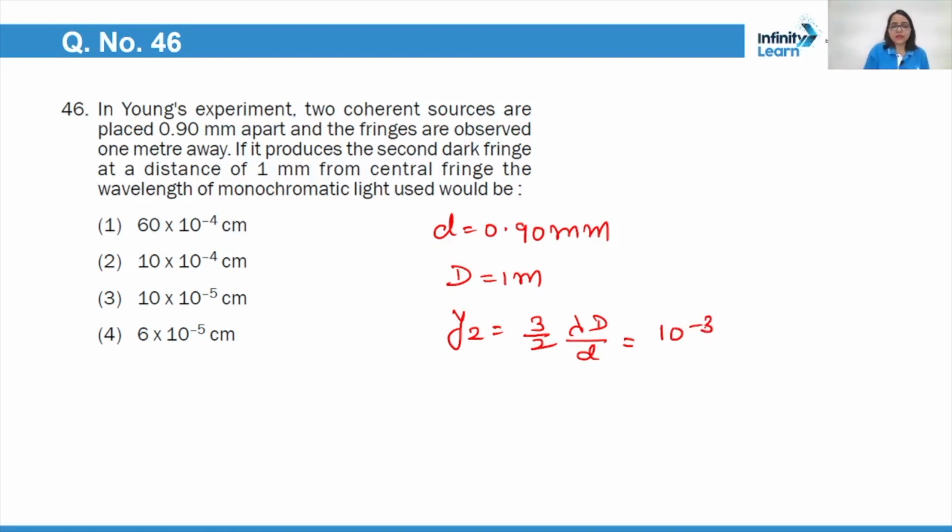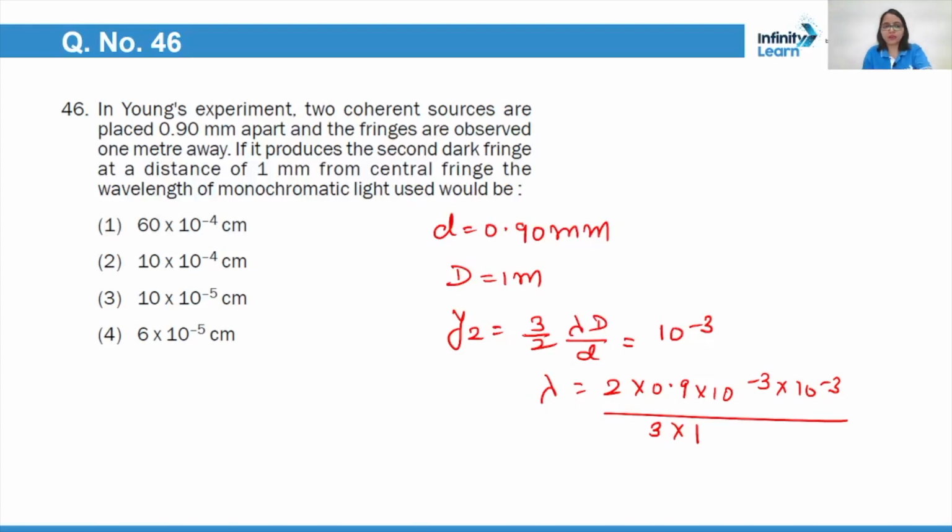The wavelength of the monochromatic light used is? So lambda is 2 d, which is 0.90 into 10^-3 into 10^-3 divided by 3 into capital D. So after solving this, we'll get the wavelength as option 4.